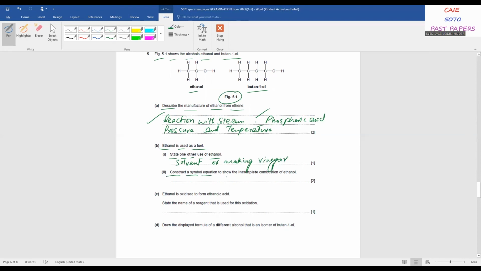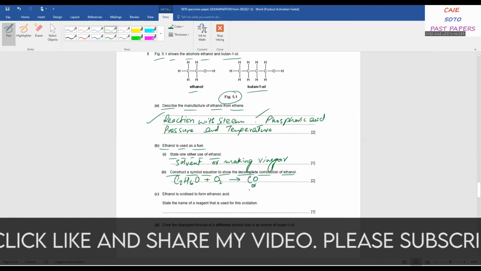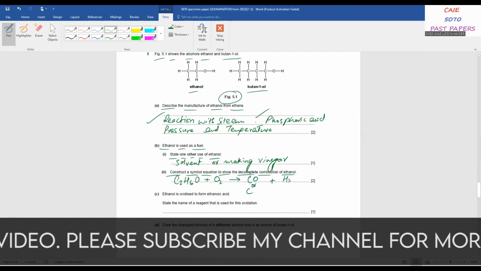Construct a symbol equation to show the incomplete combustion of ethanol. It's very easy. Whenever you go for incomplete combustion of organic compounds, you will get two products. Steam or water will be the common product. The other product will be either carbon monoxide or carbon. The molecular formula of ethanol is C₂H₆O plus O₂. Incomplete combustion involves the reaction between a limited supply of oxygen and the organic compound, giving CO or C plus H₂O.